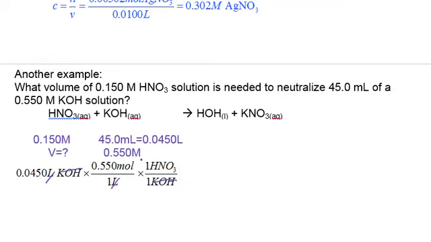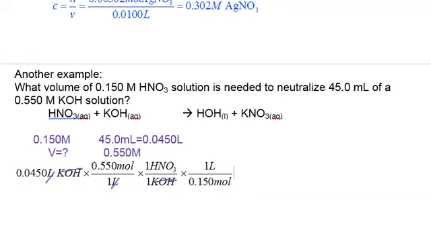So we want those moles to cancel out and we want to be left with liters. So we want moles on the bottom, liters on the top to make that work. So we take our concentration, 0.150 moles per, on our other side, 1 liter. So moles on the bottom, liters on the top. We get 1 liter over 0.15 mole.